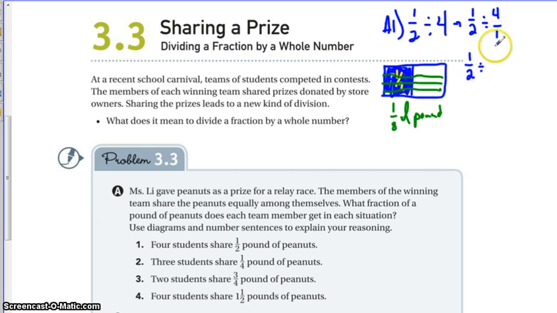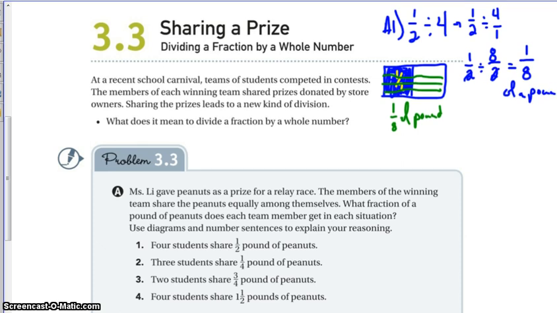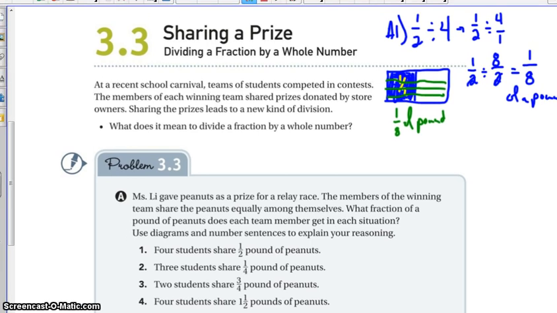My equivalent fraction for 4 over 1 as a fraction over 2 would be 8 halves. And then I can forget about the denominators, and then I get 1 divided by 8, which would be 1/8. So 1/8 of a pound. Remember that fractions are nothing more than division problems. Okay, so 1/8 of a pound.